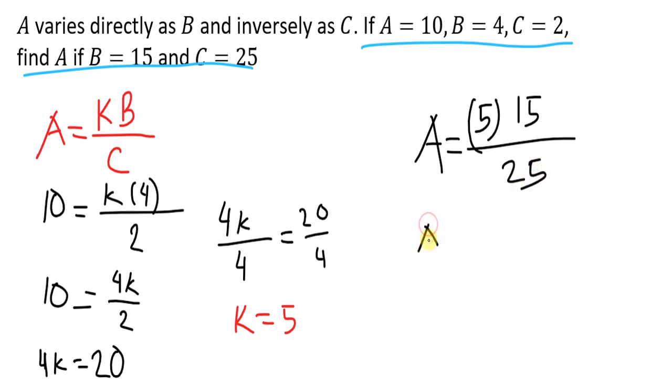So, A. Okay, so 5 times 15, that is 75 over 25. And 75 divided by 25, that is 3. So, A is equal to 3.